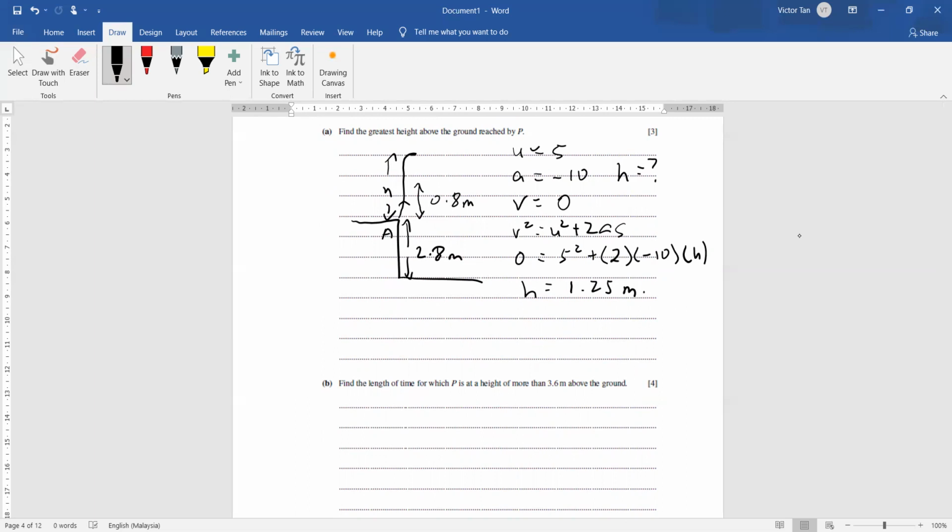So it is pretty flexible. You can always start here at 0, displacement 0 at A. So your S is more than 3.6. You still have U equals 5, A equals minus 10.